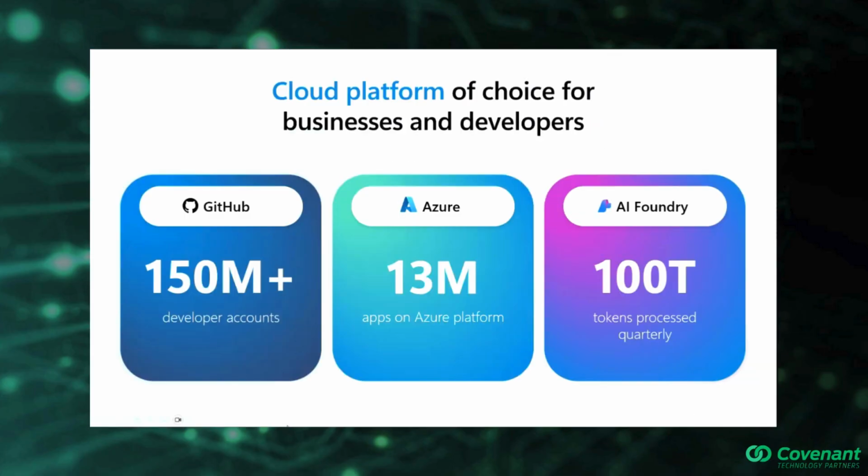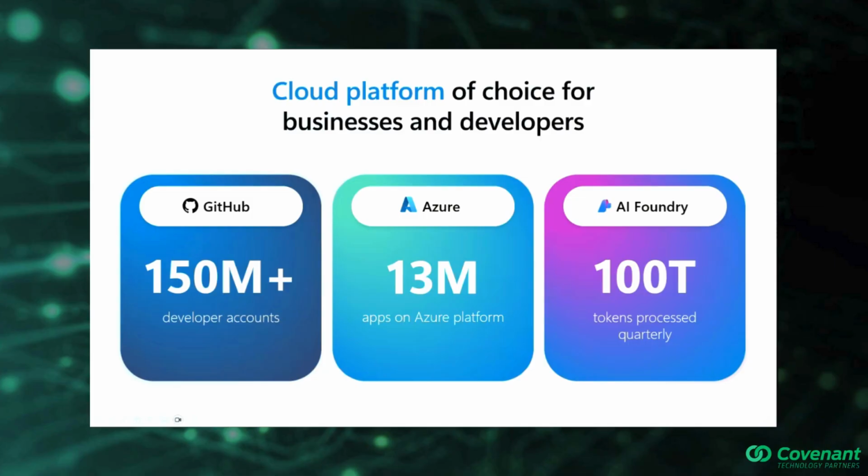So from that perspective, AI Foundry has already been wildly successful. They are currently processing over 100 trillion tokens every quarter. There are somewhere in the neighborhood of a couple billion requests that are going out monthly that are part of this from an API perspective.